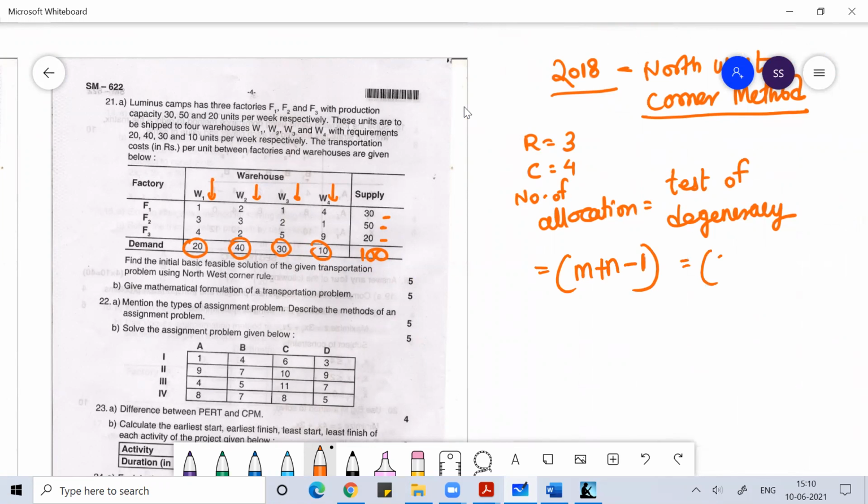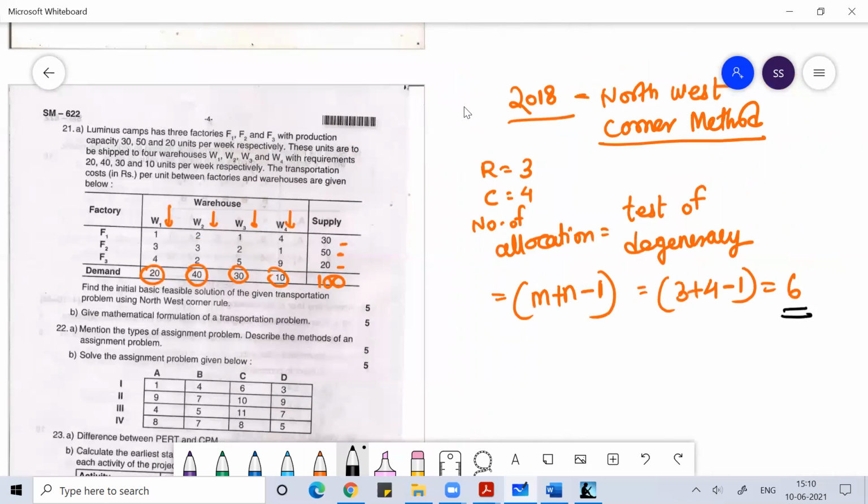That is 3 plus 4 minus 1. The total number of allocations should be equal to 6. Fine, everyone. I hope you are understanding that part. I'll show you that the total number of allocations we get is actually 6.